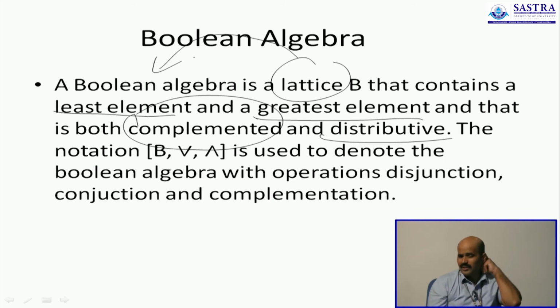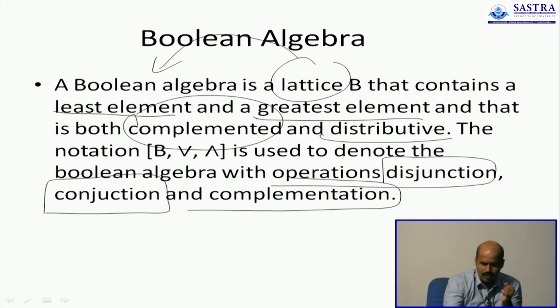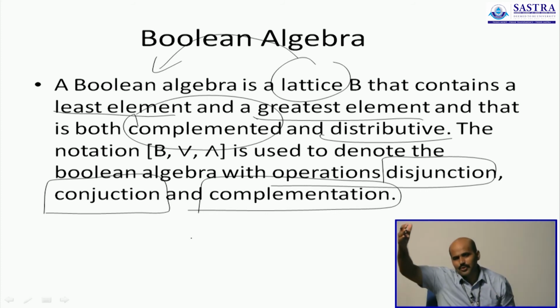Now we've already learned what an algebraic structure is. An algebraic structure is a set with a few operations. It can be a group where the operation needs to be binary. Here we have an algebraic structure which talks about a set and 3 operations: number 1 disjunction, number 2 conjunction, number 3 complementation. This is where we draw the bridge between this unit on lattices and the first unit that you studied on logic.